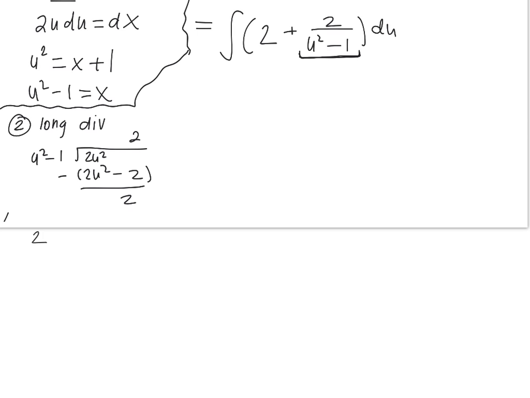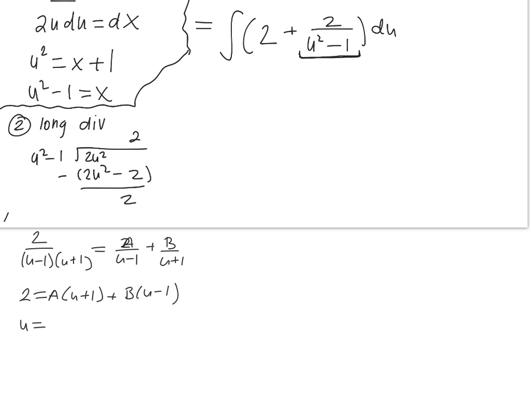So 2 over u minus 1 times u plus 1 will equal a over u minus 1 plus b over u plus 1. So 2 equals a times u plus 1 plus b times u minus 1. And now input clever u's.